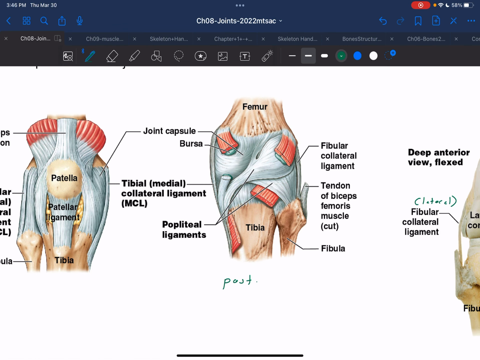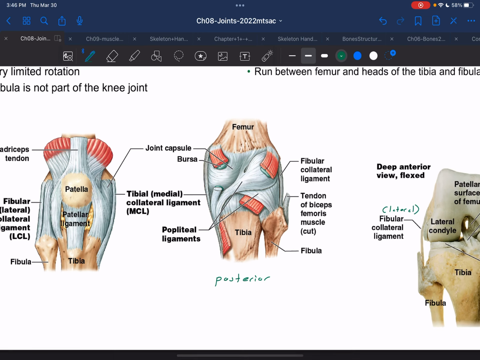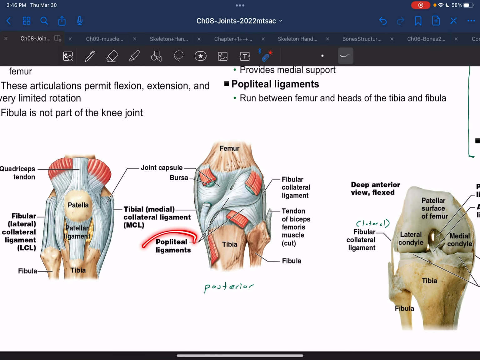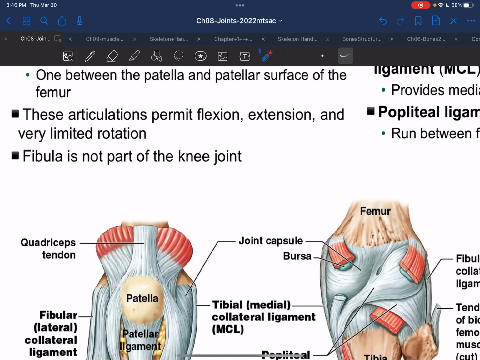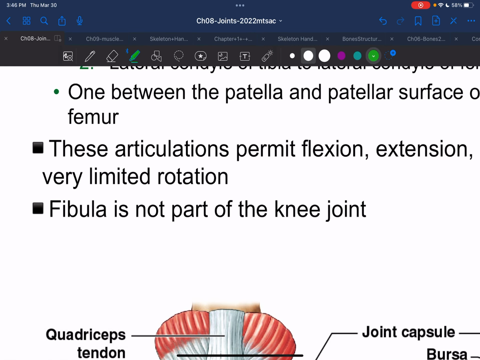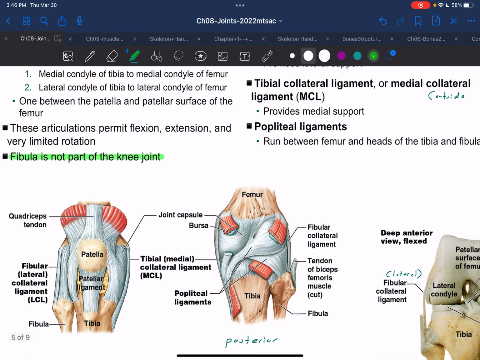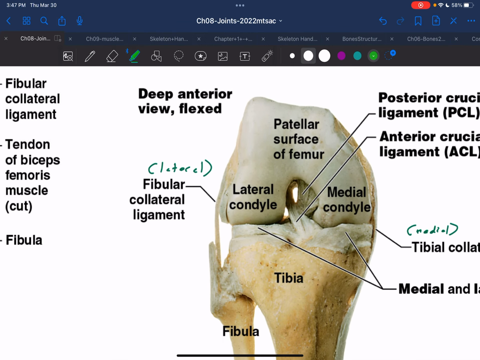It's just not there. I thought it was there. I was going to highlight it, but posterior. And so you can see that the popliteal ligament would only be visible on the outside of the joint capsule, and it's called our popliteal ligament. Keep in mind that the fibula is not part of this knee joint because it has no direct contact with the femur.